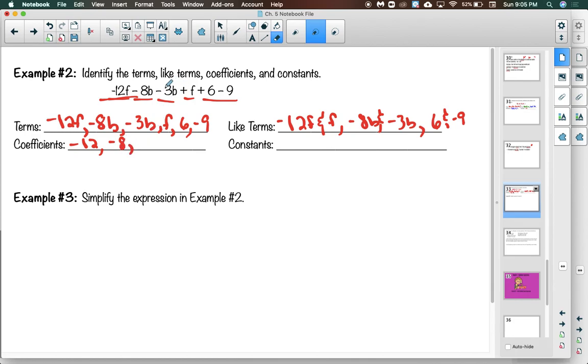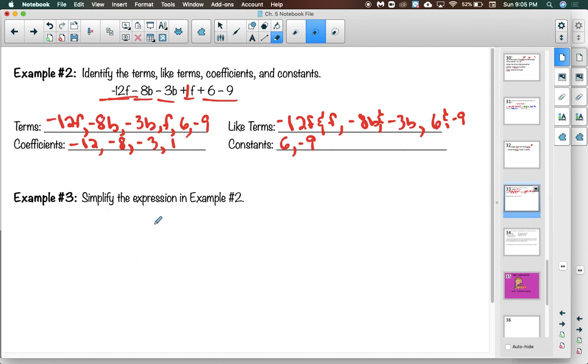This term has a coefficient because it's got a variable, so the number in front is the coefficient, negative 3. This term here, I can use my multiplicative identity property to put a 1 there, so the coefficient of that term is a positive 1. These two do not have coefficients because they don't have variables. That means they're constants. So my constants are 6 and negative 9.